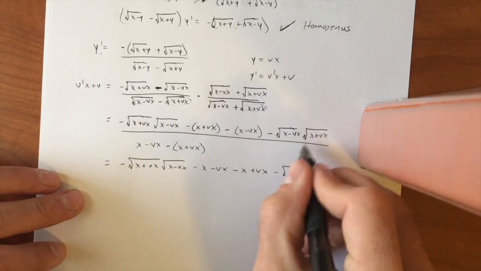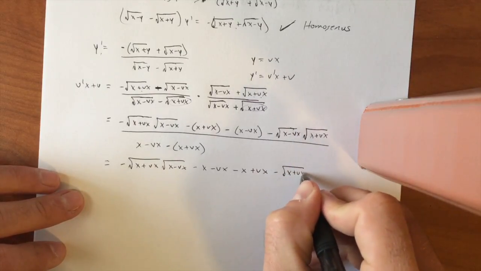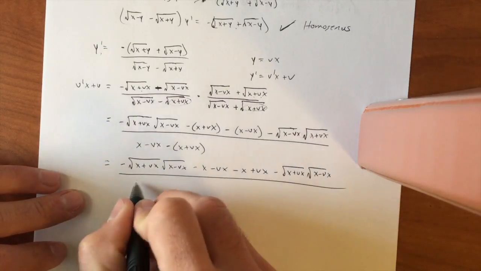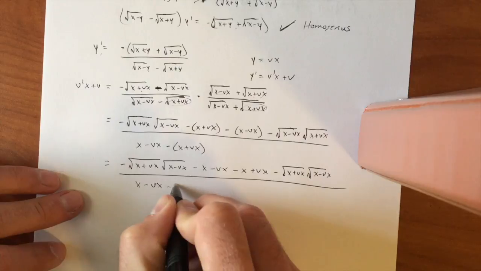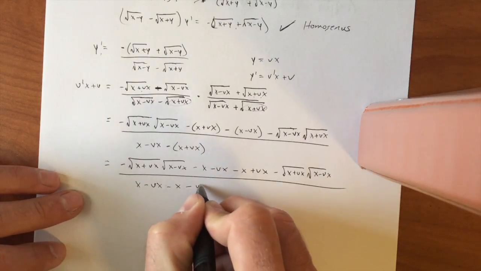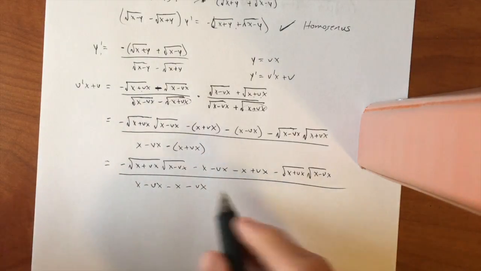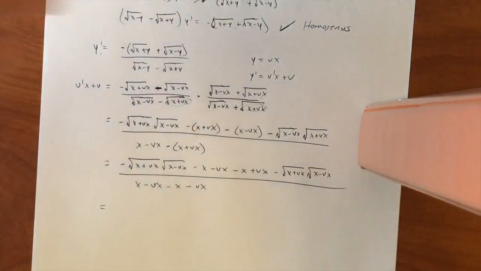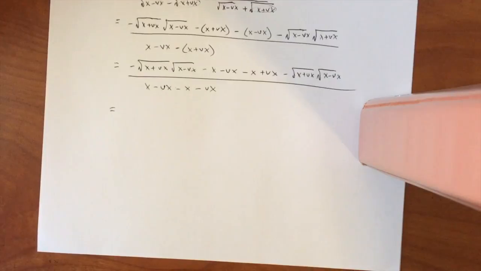I'm just going to switch these around just to make it more simple to see what we're doing exactly. X minus vx, and then x minus vx minus x minus vx. All right, simplifying this some more. I'll move my paper up just so I don't run out of room.